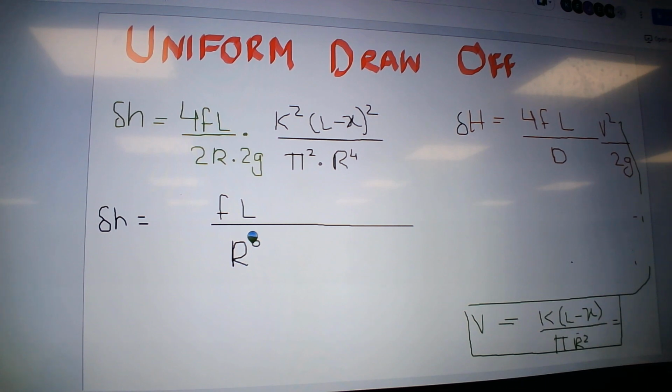The G remains as it is, the K square as it is, and L minus X square as it is. Now remember, we are using the value for the radius rather than the diameter.